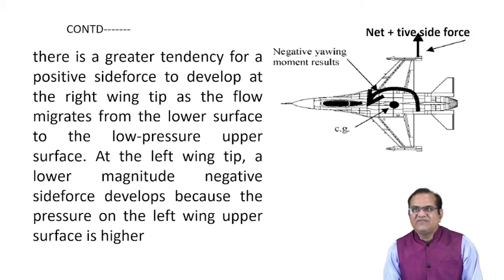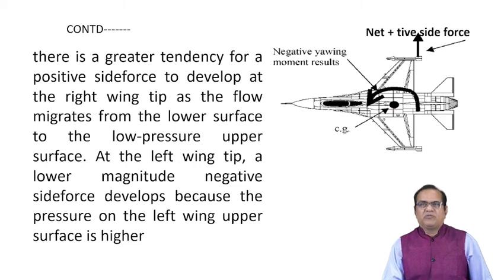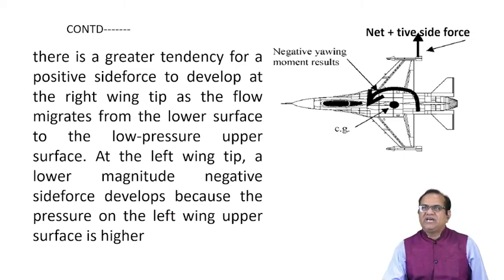So now I am just continuing this. If you see the top view of the aircraft, there is a greater tendency for a positive side force to develop at the right wing tip as the flow migrates from the lower surface to the low pressure upper surface. At the left wing tip, a lower magnitude negative side force develops because the pressure on the left wing upper surface is higher. So here you can see that negative yawing moment results.